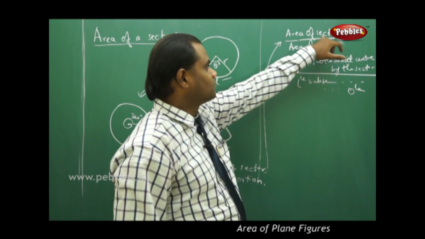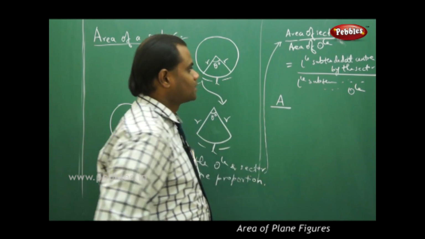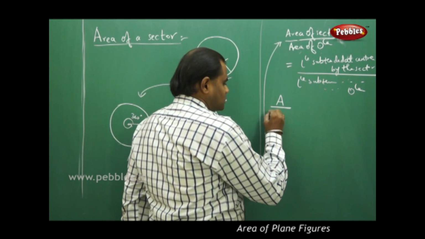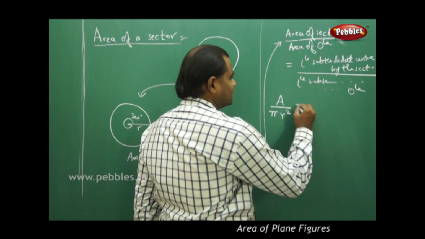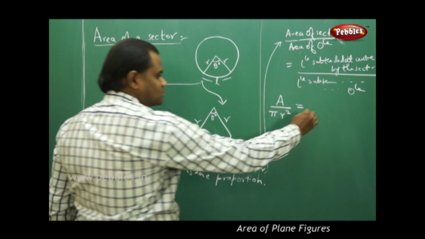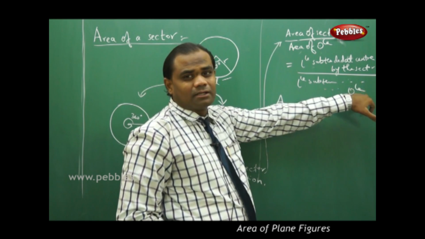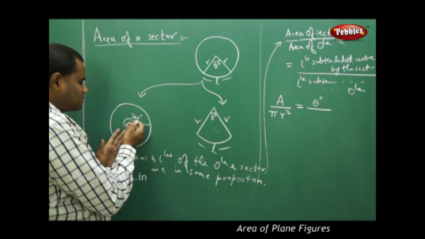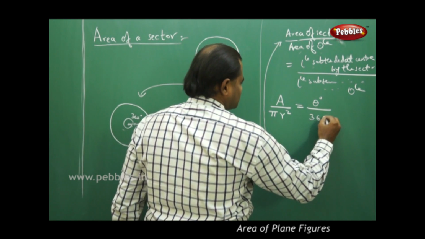Because I had to find the area of the sector, I take the area of the sector as A, and the area of the circle is already known with radius r to be pi r square. Substituting, the angle subtended at the center by the sector is clearly theta degrees, and the angle subtended at the center by the whole circle is 360 degrees.